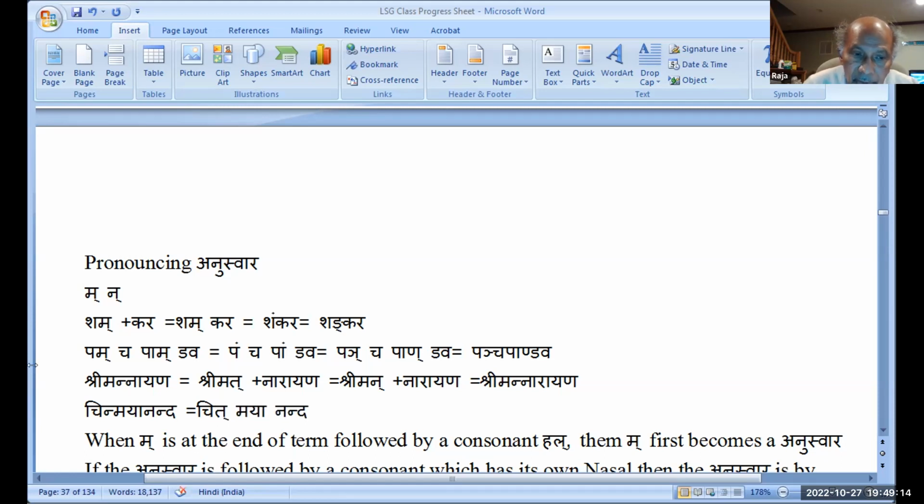The Takara first changes to the nasal of the following consonant. The following consonant is the Makara. Takara has its own nasal. So that's why Chit becomes Chin. And likewise, look at Jagat plus Nadha. Takara takes its own nasal when it is followed by a nasal.